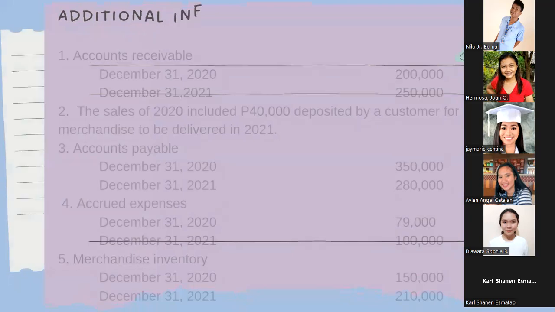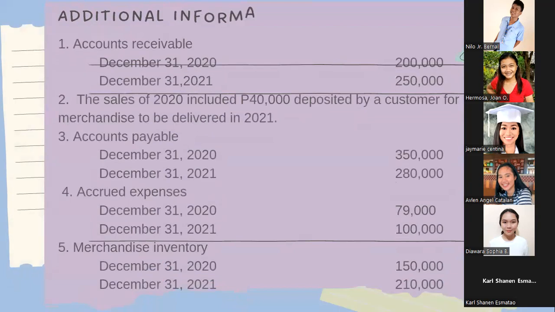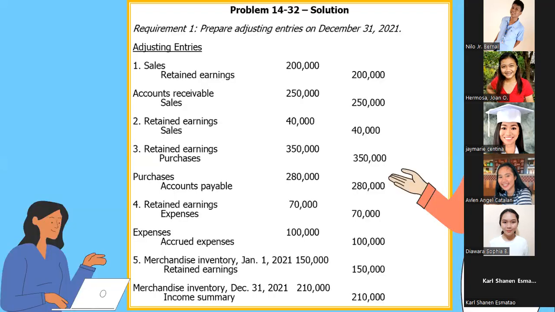Number 4, accrued expenses. December 31, 2020, 79,000. December 31, 2021, 100,000. Our entry will be, in number 4, we have unrecorded accrued expense of 70,000 on December 31, 2020 and paid in 2021 and charged to expenses.